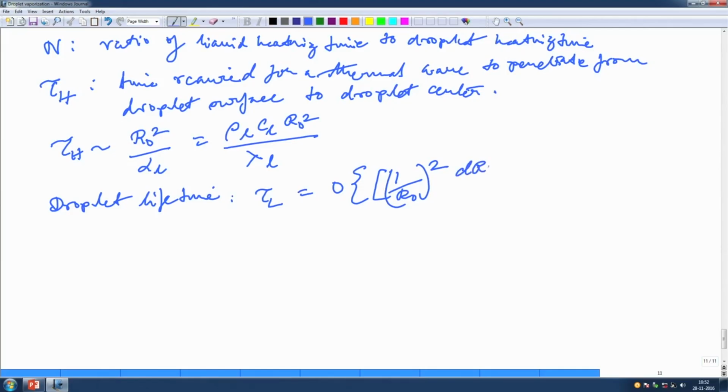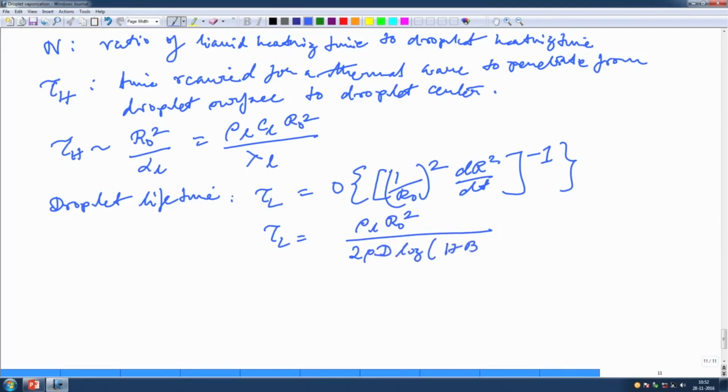Now, the droplet lifetime on the other hand, is given by tau L. What is the order of this? Its order is 1 minus R naught square, d r square by dt, to the power minus 1. So, tau L is basically given as rho L R naught square divided by 2 rho d log 1 plus b.